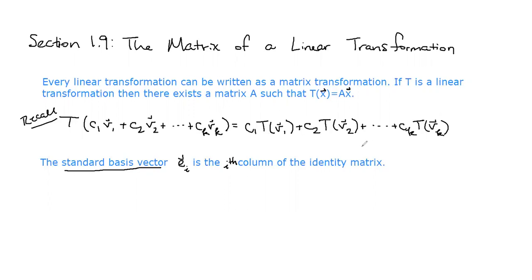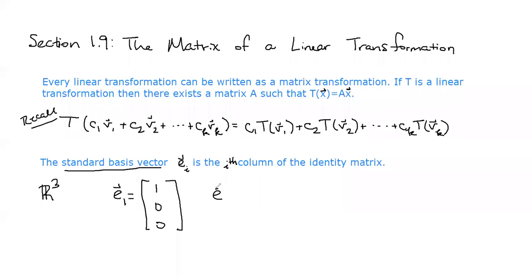The second thing we're going to need as we're trying to find our matrix that encodes a transformation is a new definition. So e_i is called the standard basis vector, and it's going to be the ith column of the identity matrix. This will depend on what dimension we're living in. So let's say we're living in R3. Then we'll have three standard basis vectors. The first one, e1, will be the first column of the identity matrix, so it'll look like this.